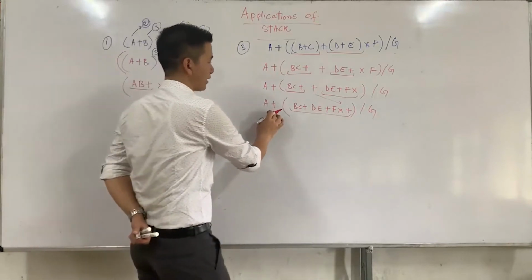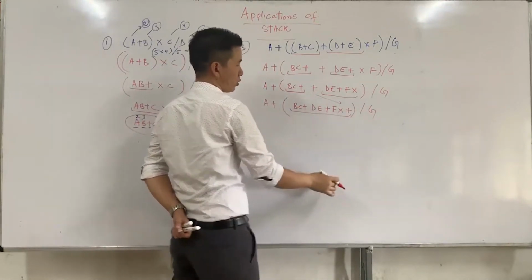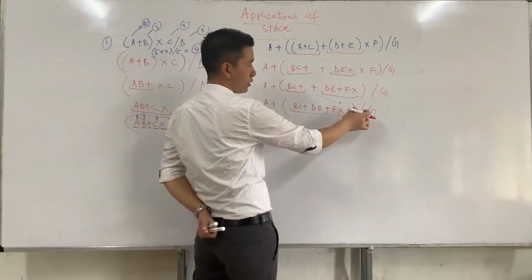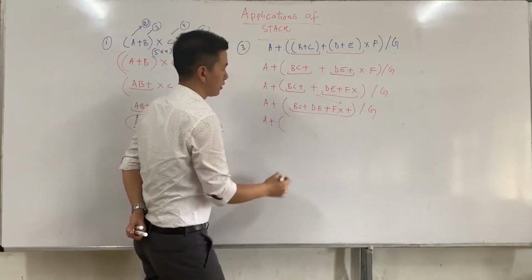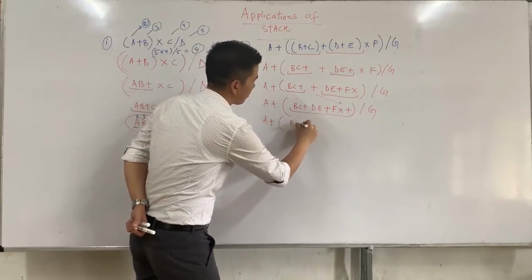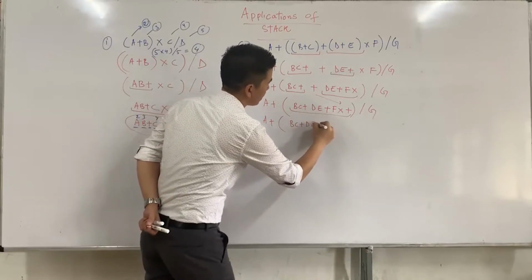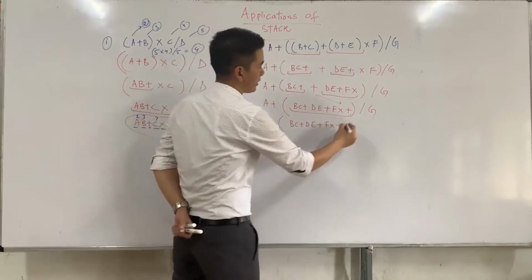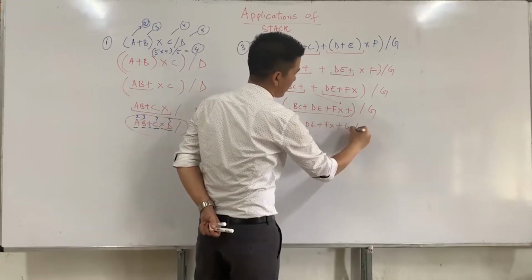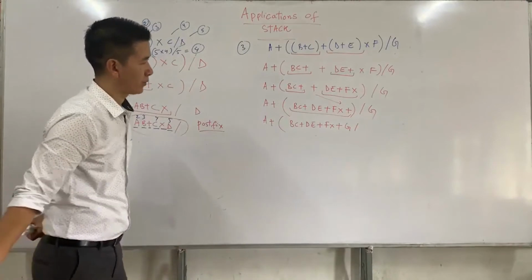So you have plus and then you have a division. So understandably, the division should take place first. So you will have A plus B, C plus, copy the whole operand, DE plus F, multiplication plus, and then comes the G, and then you have the operator. Okay?